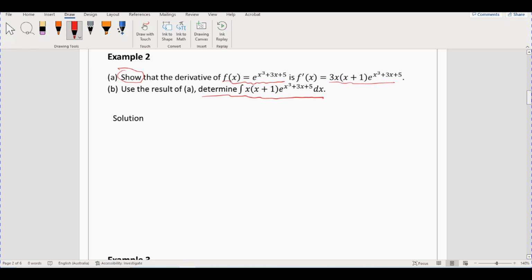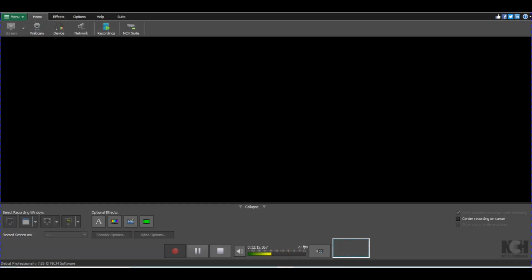Obviously they are related, but you really need to prove part A first. So how can we get part A proved? It's an exponential function. I trust you all know the derivative of a basic exponential function. Let me give you 2 minutes on part A. Let me pause the video.